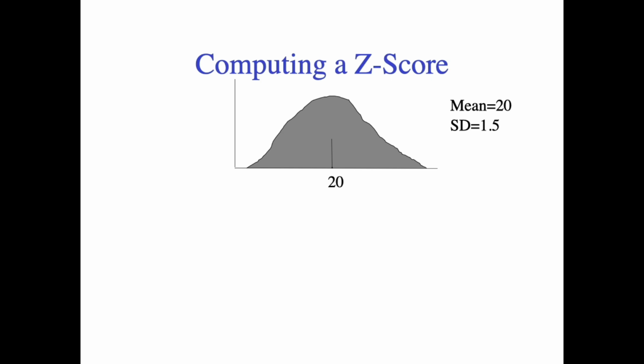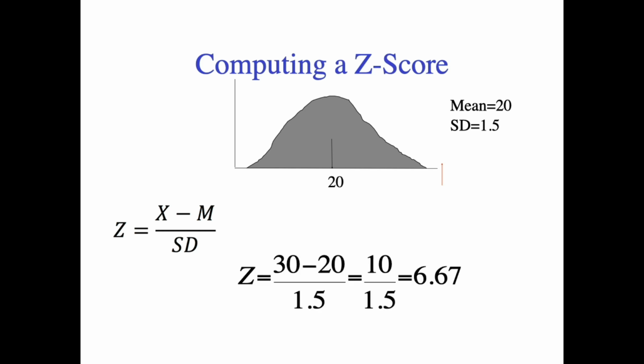Now, if I have somebody who has a score of 30, what would their z-score be? Well, I've just showed you the formula for a z-score. I'm going to take that person's x, their 30, and subtract the mean from it, and then divide by the standard deviation. So in this case, I'm going to plug in 30 for the x. The mean was given as 20 for this distribution, and the standard deviation for the distribution was 1.5.